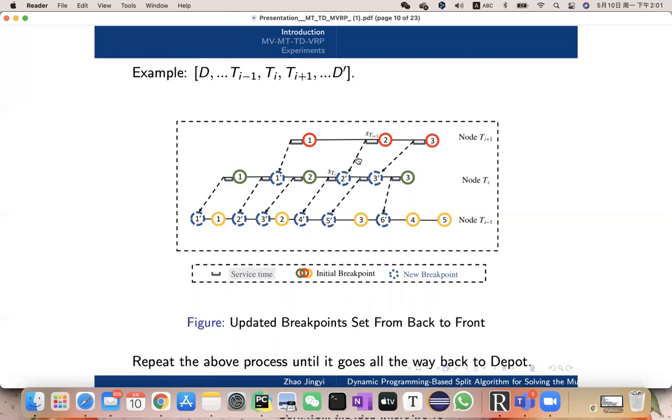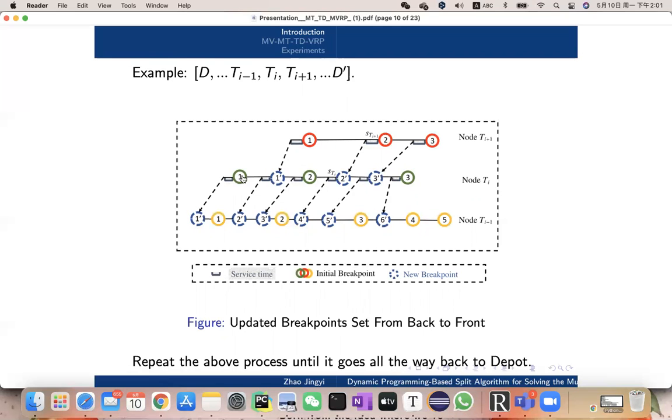First, the breakpoints of T_i+1, there are 3 original breakpoints, and we calculate the corresponding departure times at T_i, and then we update node T_i's breakpoint set.